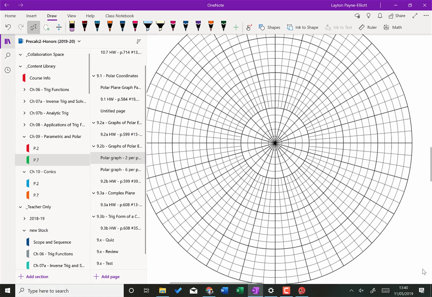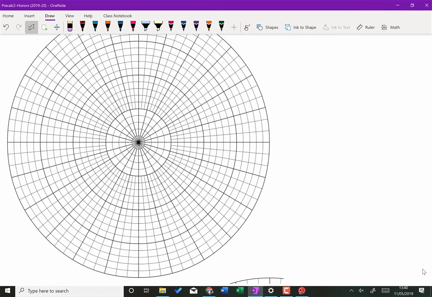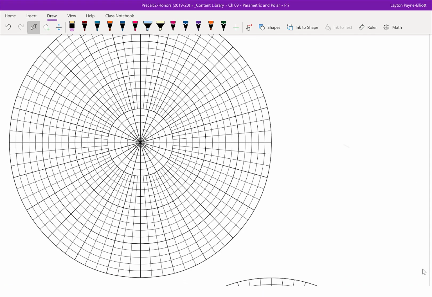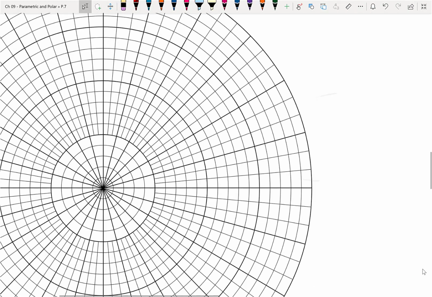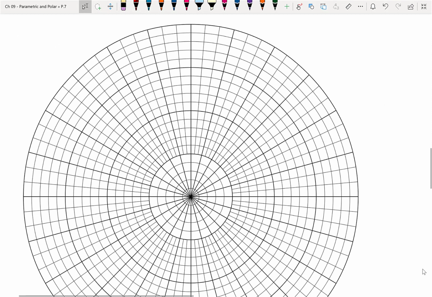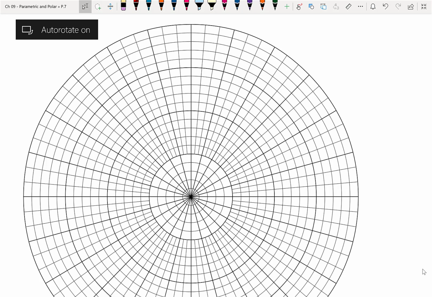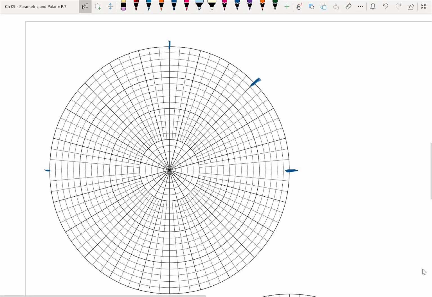I do want to look at this for just a second. To make sense of this, something you can do is, at the very least, put down what your axes are, and then put a half mark there. I would do that on all sides, because that visually helps me get a sense for where I am.